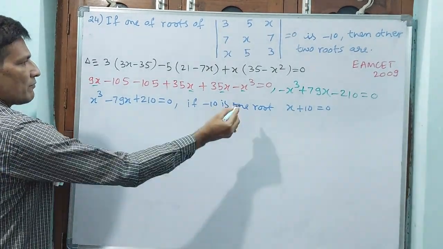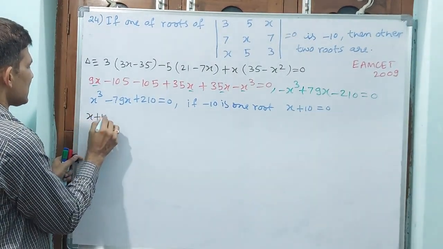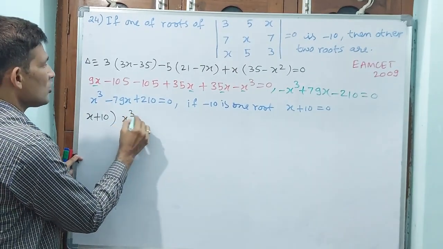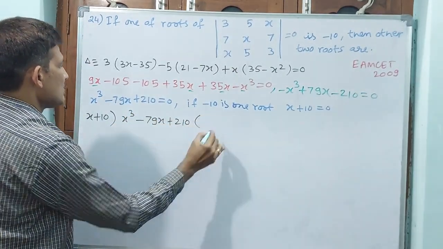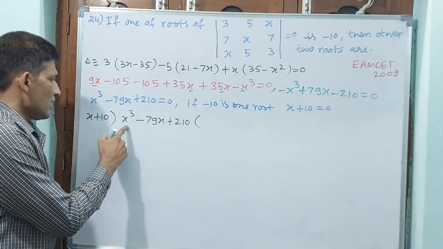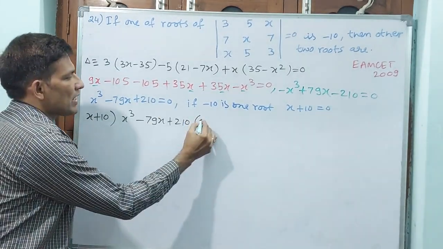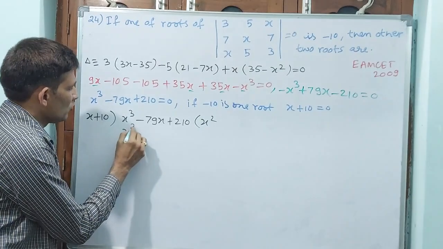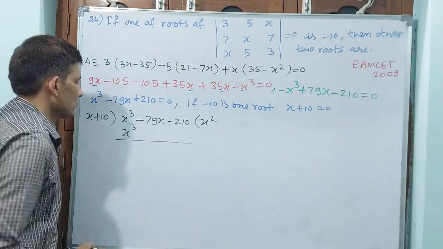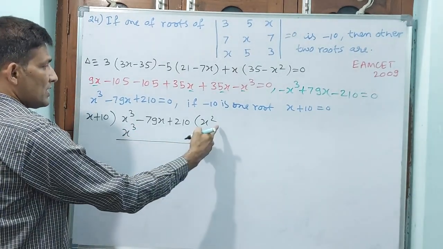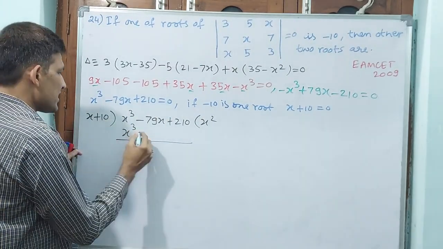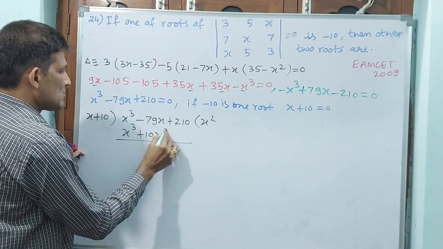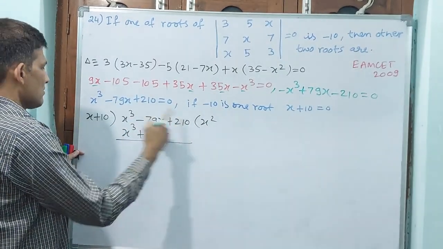You see what I am doing, with x plus 10 I am dividing x cube minus 79x plus 210. See, x cube is there, so x square: x cube plus 10x square.